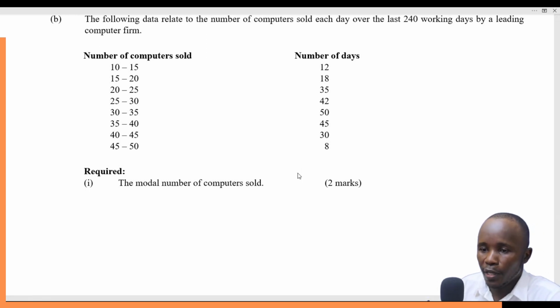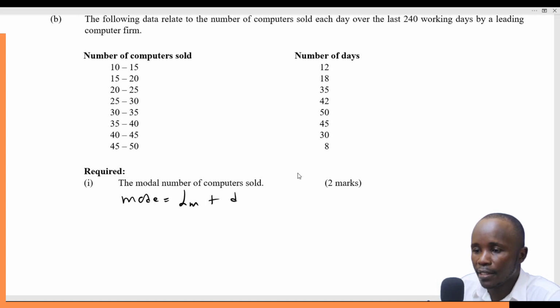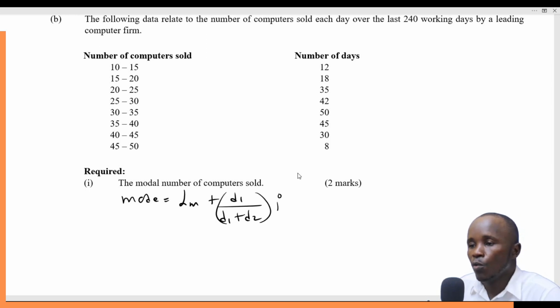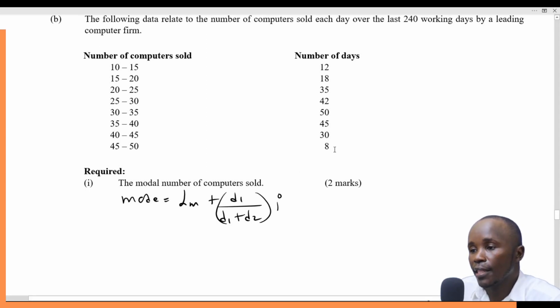Here, similarly, you also need to get to know how to find the mode. How do you find the mode? Lower class limit plus D1 divided by D1 plus D2 multiplied by the class width. Once you get this and identify your modal class, the modal class refers to the class with the highest frequency.